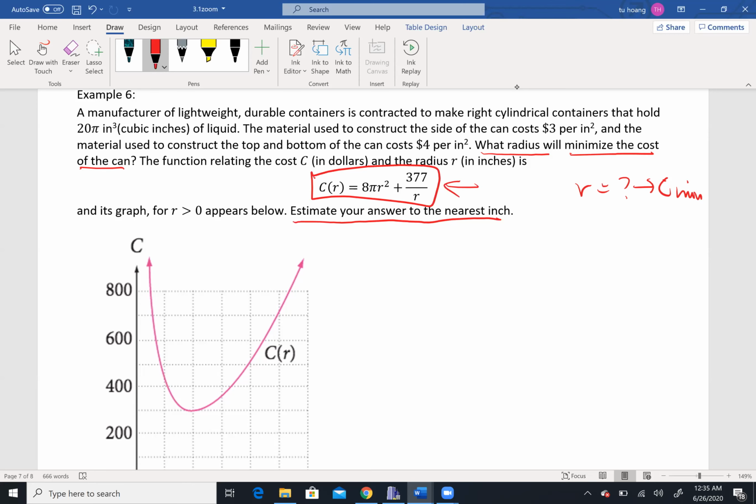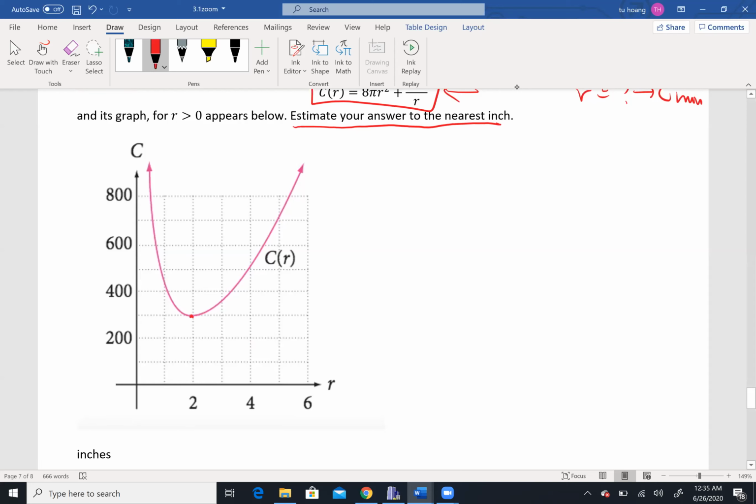At the graph here, you can see, oh, it looks like r is going to be equal to 2 here, right? Okay, but the thing is, how can you present it? How can you show me the work for this part?